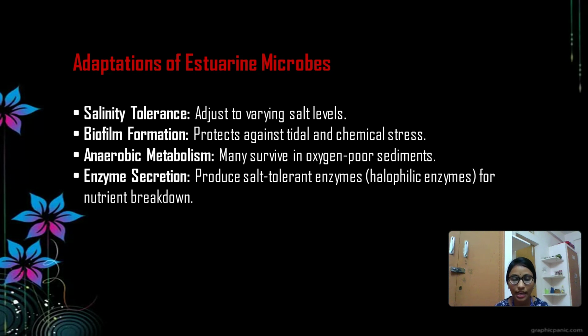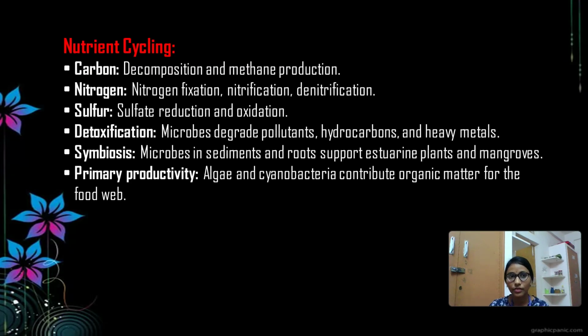And they have the ability to produce salt tolerant enzymes called halophilic enzymes to break down nutrients, etc. And they are involved in the carbon cycle, nitrogen cycle, sulfur cycle, and also detoxification, symbiosis, and primary production.